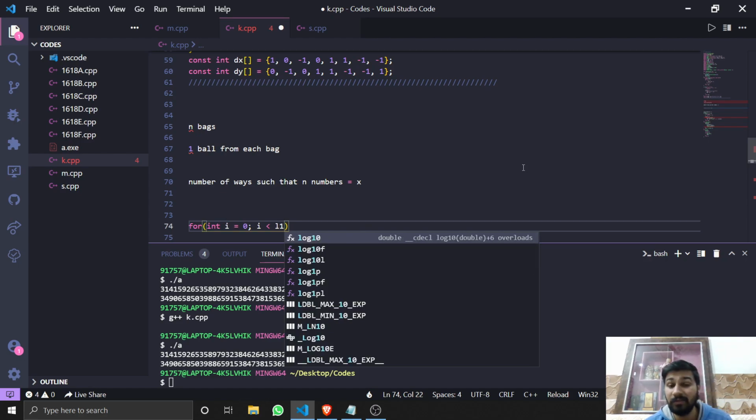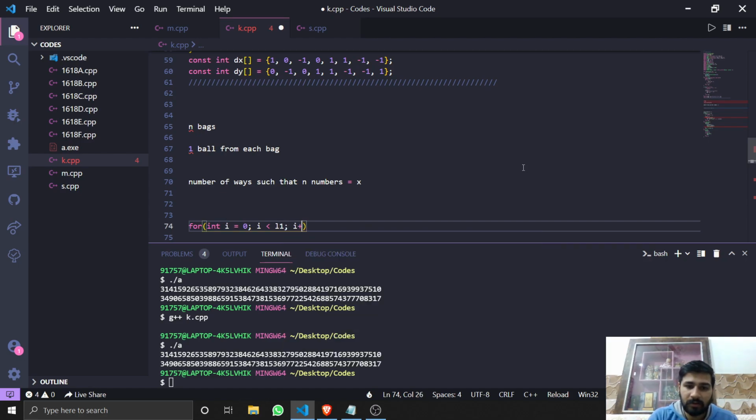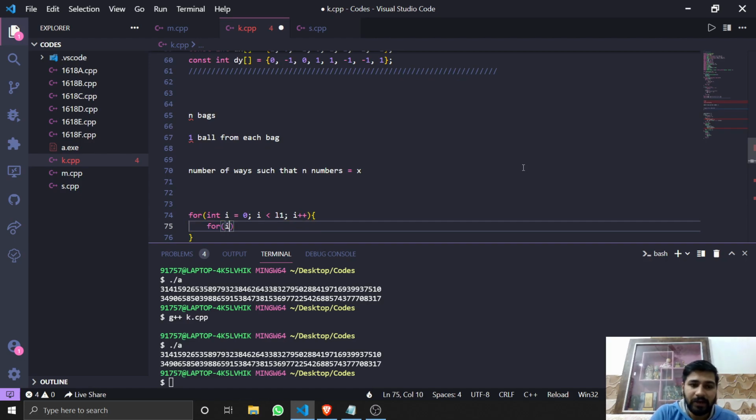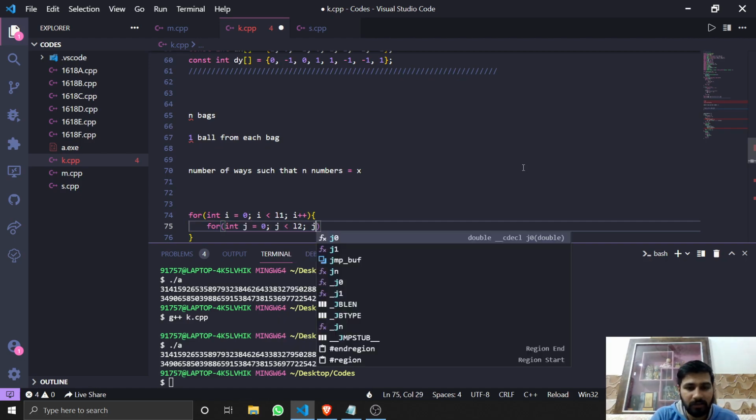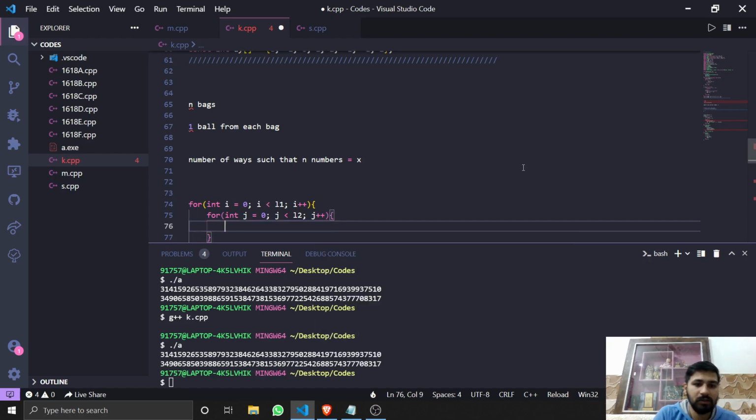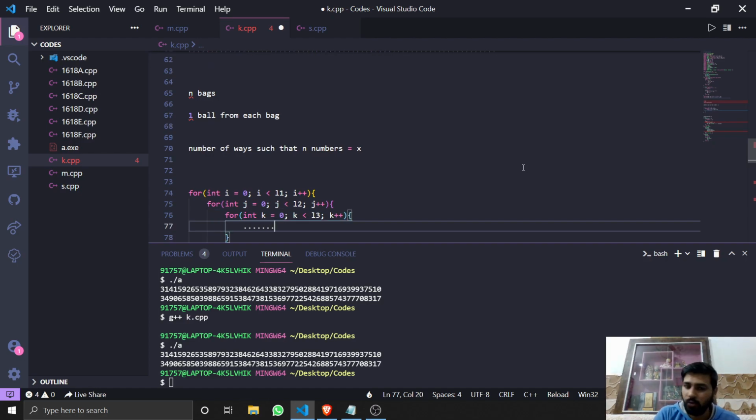Suppose the number of balls in the first bag is L1. Then I will iterate on all the balls of the second bag, where L2 is the total number of balls in the second bag. Then I'll iterate on all the balls of bag 3, and so on.